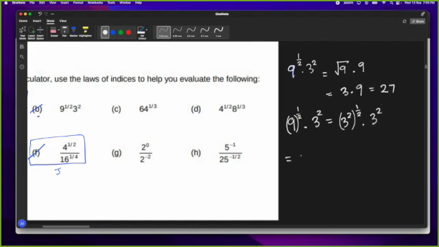So that means that I'll have 3 to the 2 multiplied by a half, that is 2 on 2, multiplied by 3 squared, which is 3 to the 1 multiplied by 3 squared, which gives us 3 cubed, which is 27.